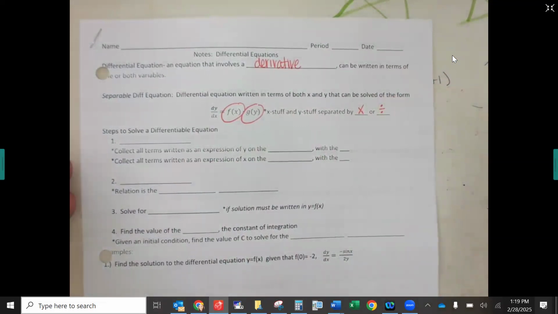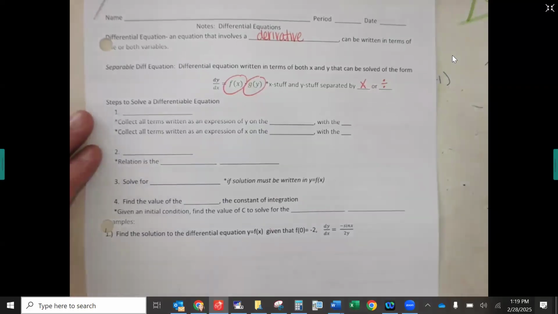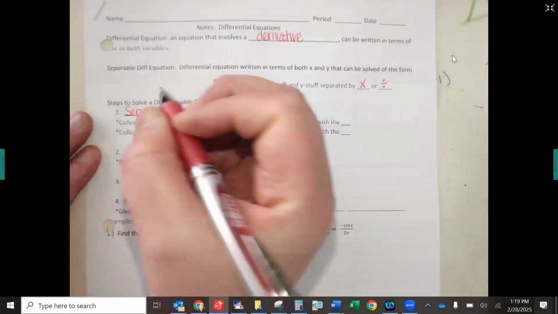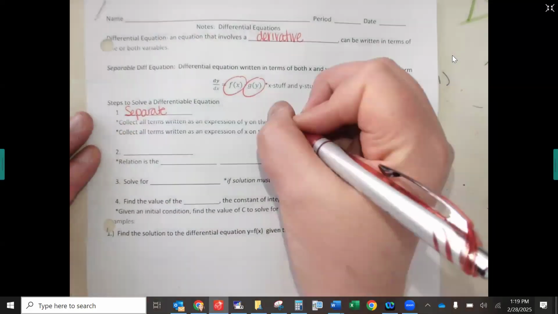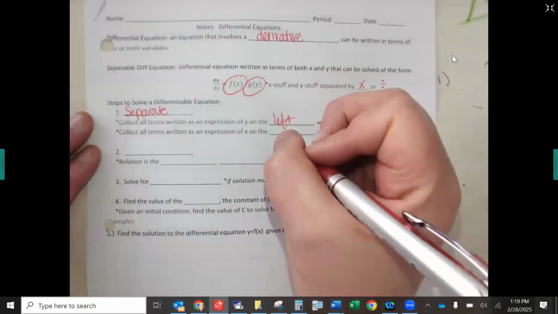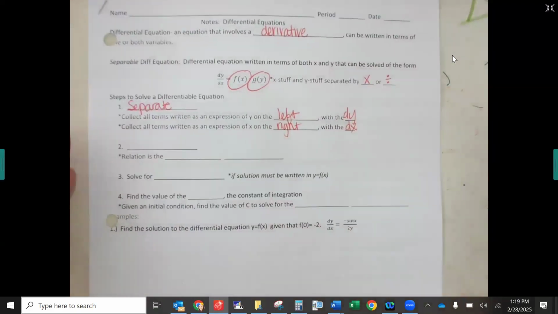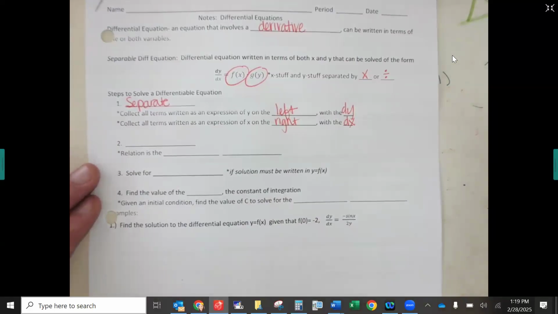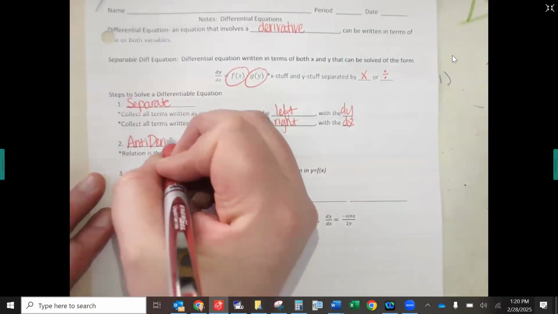The way that you solve a separable differential equation is as follows. Step number 1: because it's separable, you're going to separate it. All of your y stuff will go to the left with the dy, and all of your x stuff will go to the right with your dx. After you separate, y is on the left, x is on the right, then you're going to do the antiderivative on both sides.